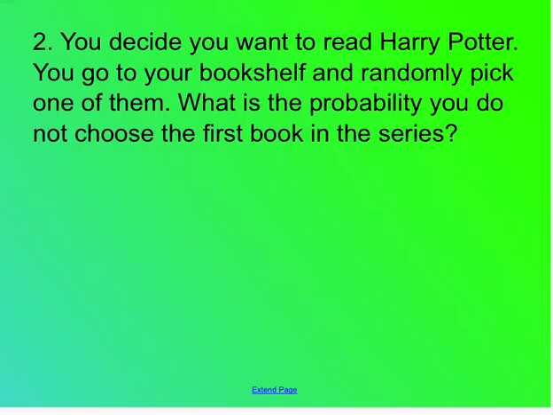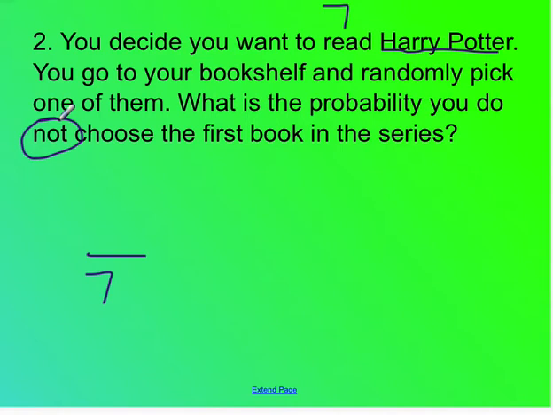Next, let's take a look at number 2. You decide you want to read Harry Potter. You go to your bookshelf and randomly pick one of them. What is the probability you do not choose the first book in the series? Well, first of all, you have to know a little bit about Harry Potter, and there are 7 books in that series. We want to find the probability that we do not choose the first book in the series. That doesn't mean our success is 1 out of 2, because we do not want to choose the first book.